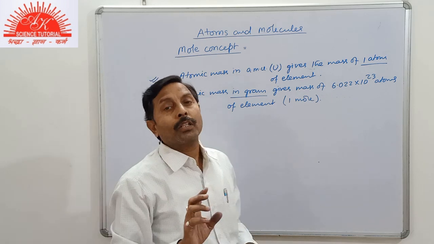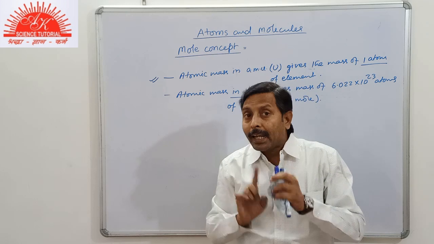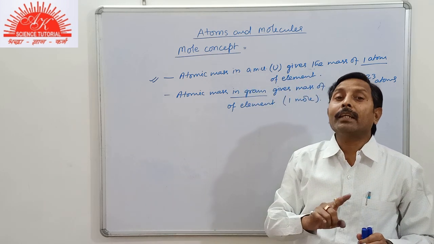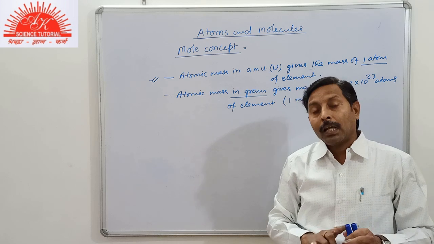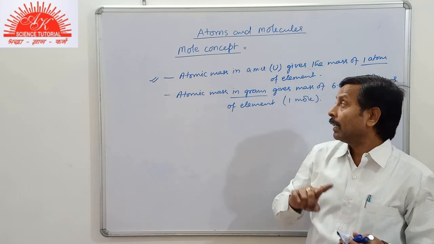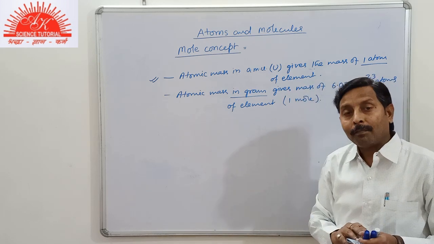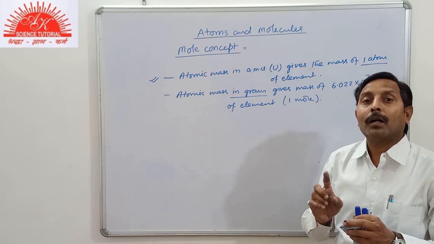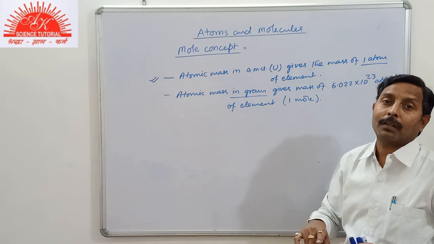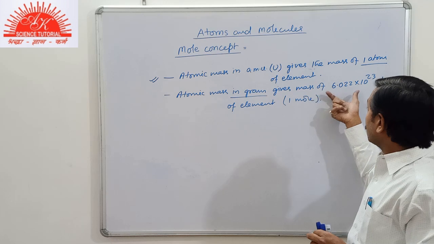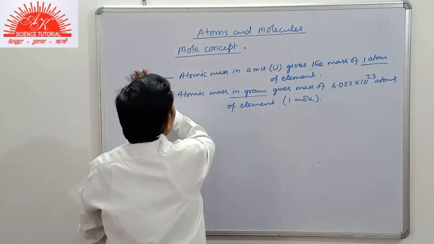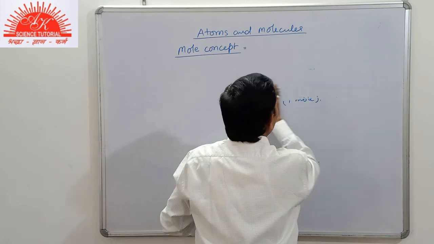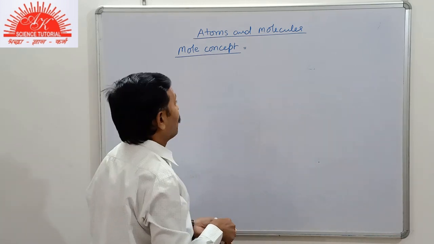The molecular mass of a substance in AMU will give you the mass of 1 molecule, but the molecular mass in gram will give you the mass of 1 mole of the substance, that is this much number of molecules.